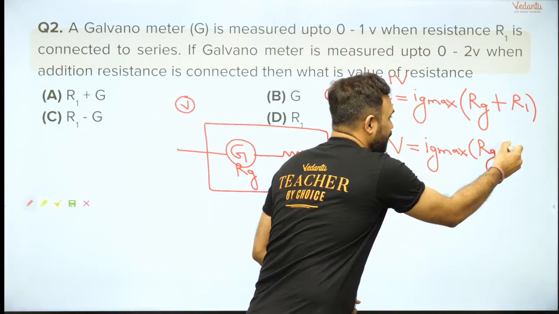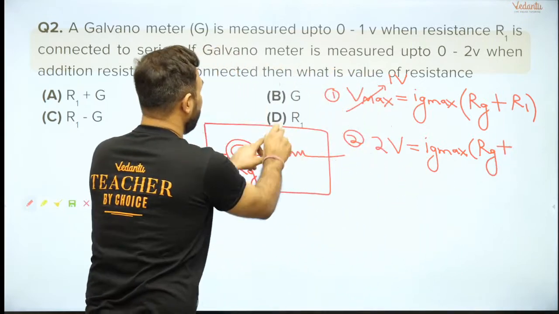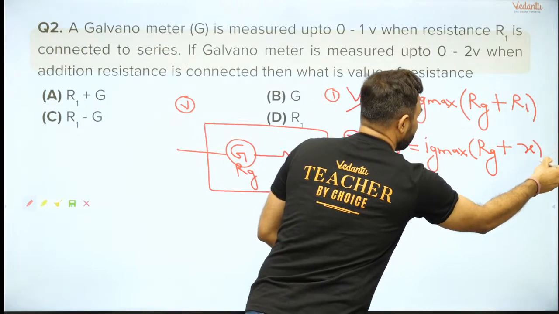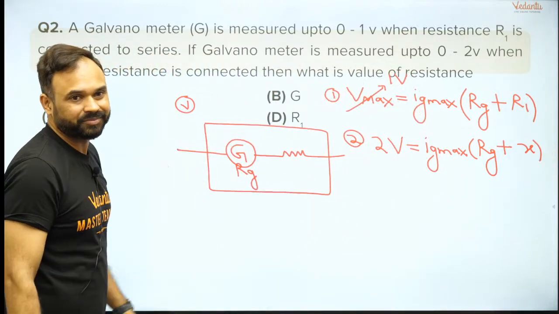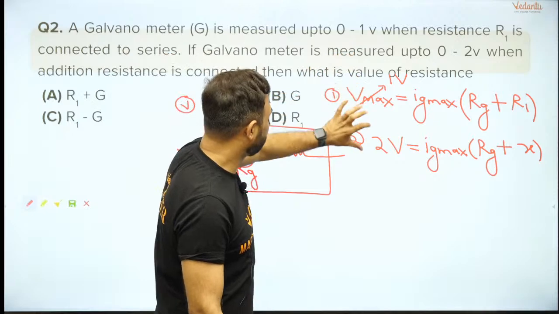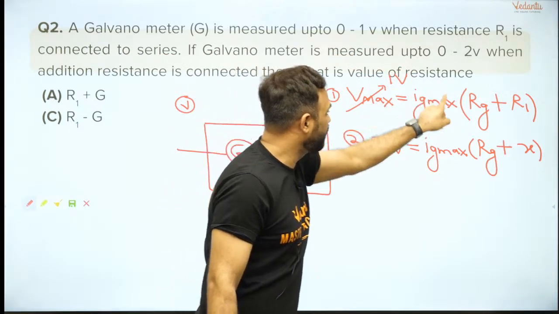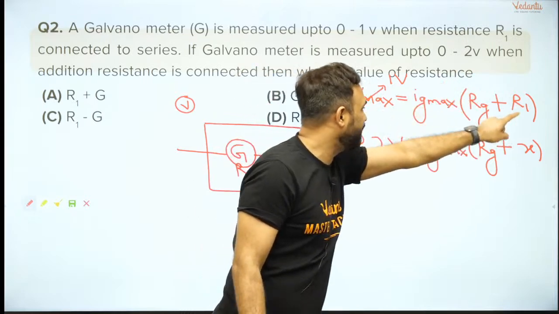So Vmax will become 2V, although the galvanometer has been kept the same. So Ig max remains the same and this gets multiplied by Rg plus a resistor in series which we need to calculate. Let's call that value X.